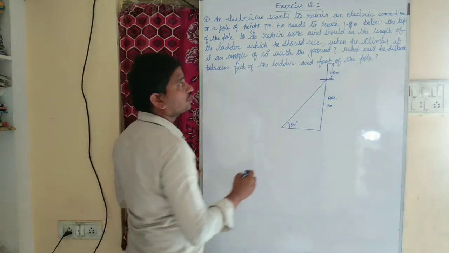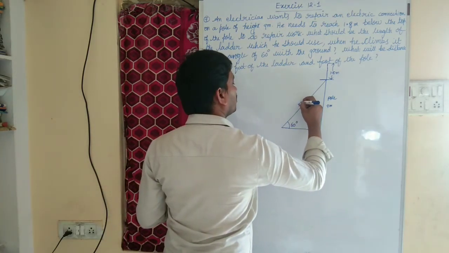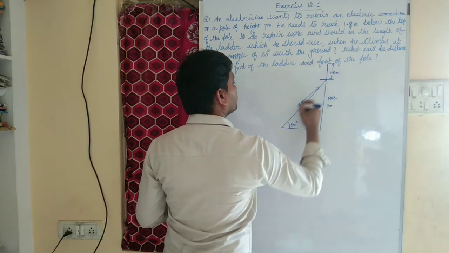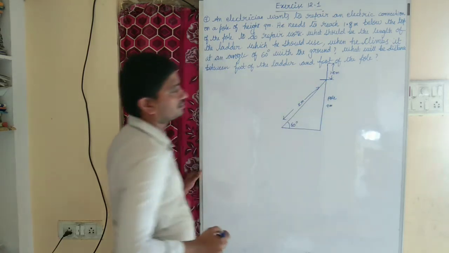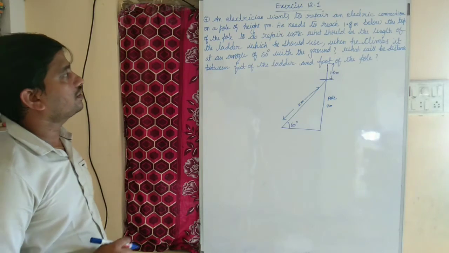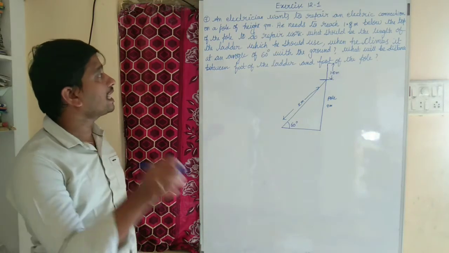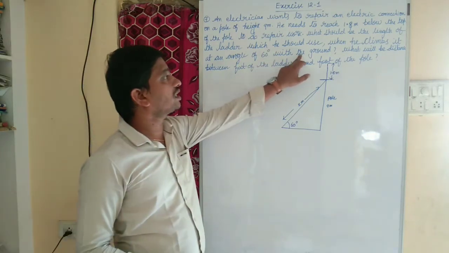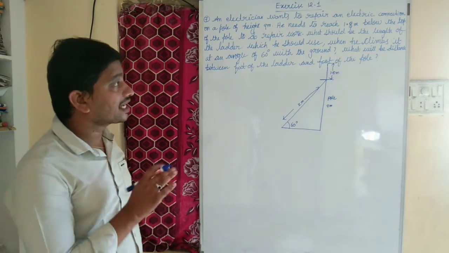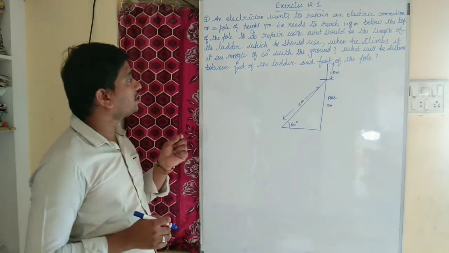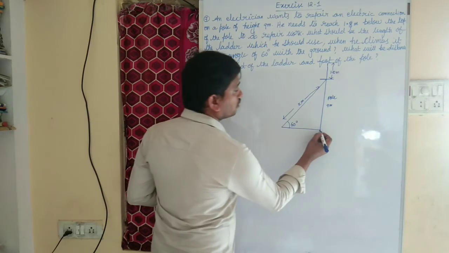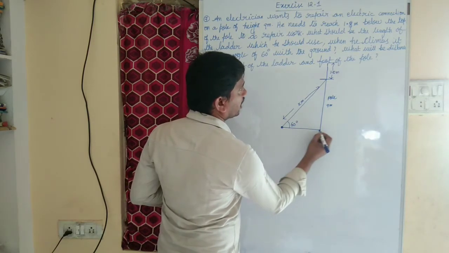They are asking what should be the length of the ladder. We don't know. Let the length of the ladder be x meters. This we have to find. The second question: what will be the distance between the foot of the ladder and the foot of the pole?